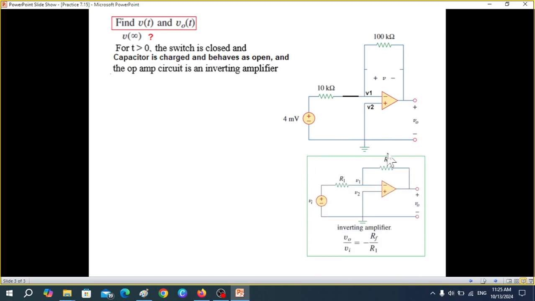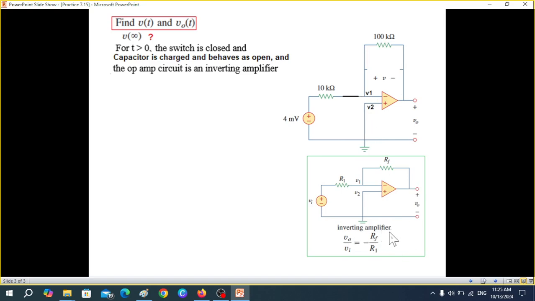In chapter number 5, we have read this as an inverting amplifier. You see there's an input source connected through a resistance to the negative terminal. Same in our case, through a resistance connected to the negative terminal. Then we have a feedback resistance. So we can say that this is also an inverting amplifier.